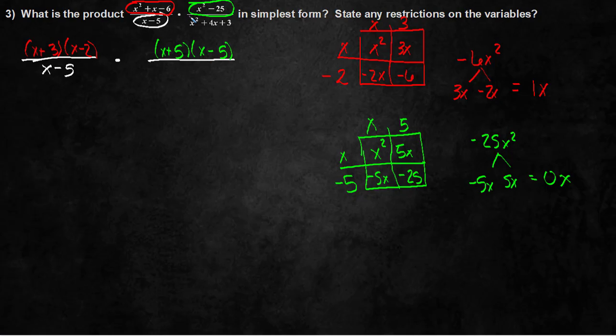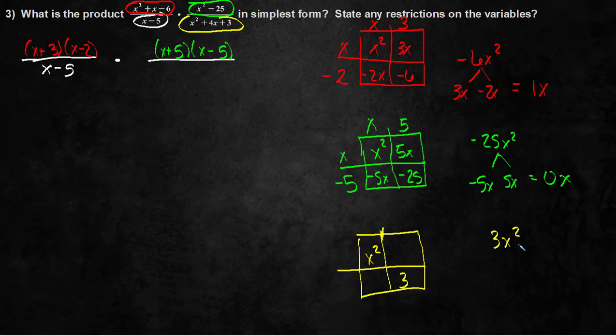And the last one that needs to be factored out is the x squared plus 4x plus 3. And so we have x squared here, a positive 3 here, and so we're looking at 3x squared. What can multiply to give me 3x squared that can add to give me a positive 4x?